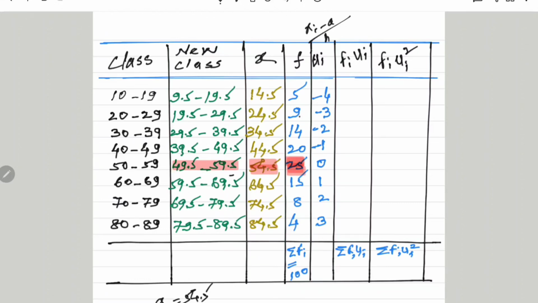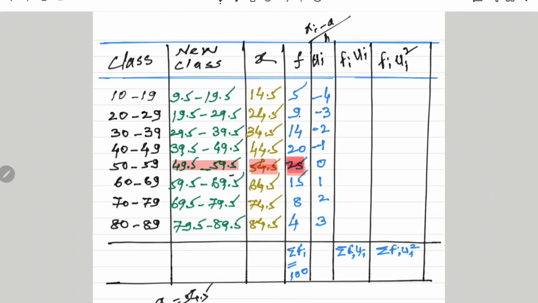Therefore, 54.5 minus 54.5 divided by 10, we get that value as 0. And then directly we write down for the upper side as minus 1, minus 2, minus 3, minus 4, and for the lower side as 1, 2, 3. You can cross check it by performing the calculation as xi minus a upon h for all the remaining classes.